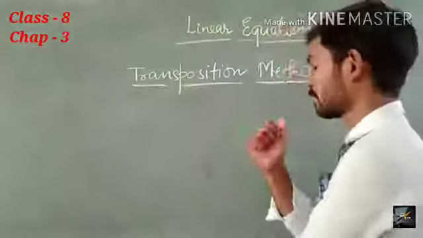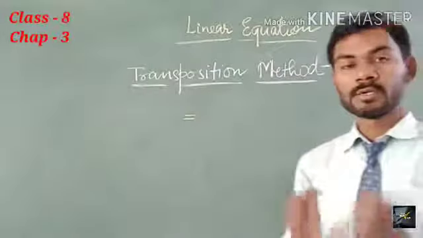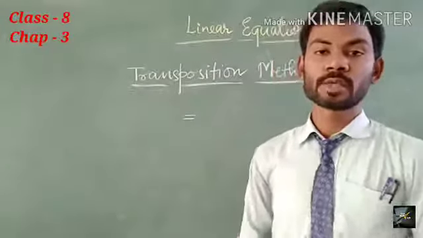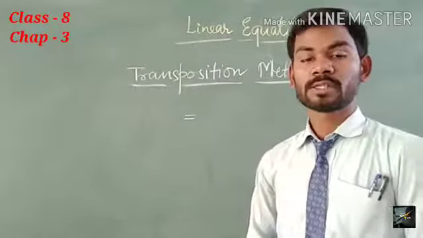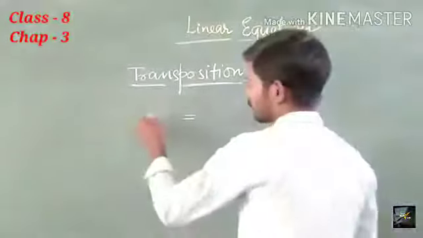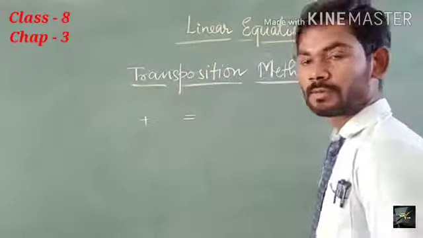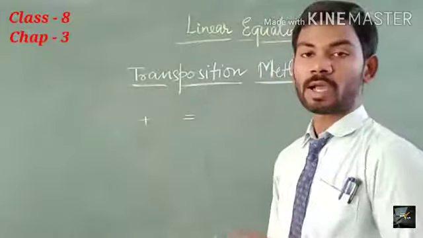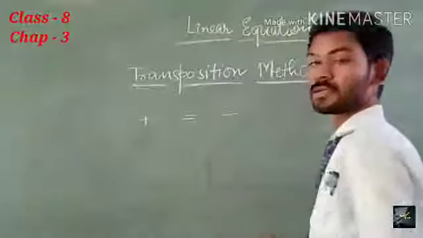In this method, whenever any quantity is transferred to either side of the equal sign, its sign, that is the operation, becomes reversed. If any quantity has a plus sign, when it is transferred to the other side of the equal sign it becomes reversed and we get a negative sign.